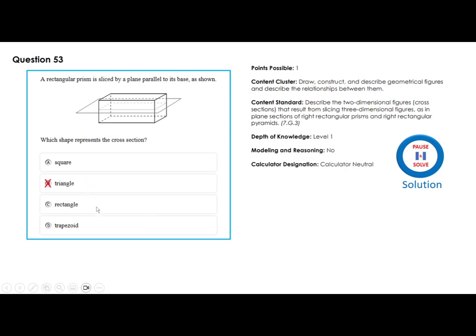No. Is it a trapezoid? No. So you have a choice between square and rectangle. Obviously, this is a rectangle. It's not a square. Now, obviously, if you do it this way, you get a square, okay?